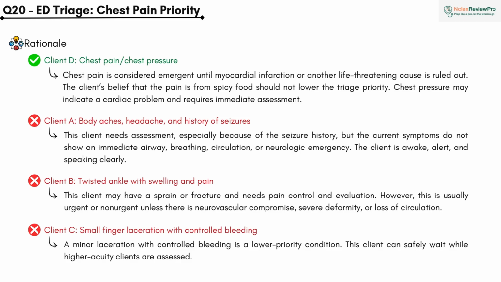This client may have a sprain or fracture and needs pain control and evaluation. But this is not the highest priority unless there are signs of neurovascular compromise, severe deformity, or loss of circulation. Client C has a small finger laceration with bleeding controlled by pressure. This is a lower priority condition. A minor laceration with controlled bleeding can usually wait while higher acuity clients are assessed.